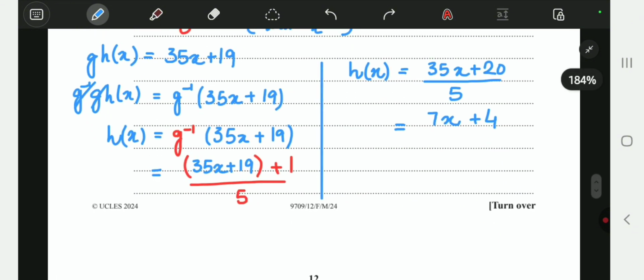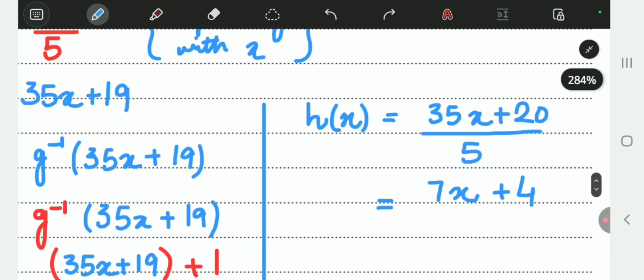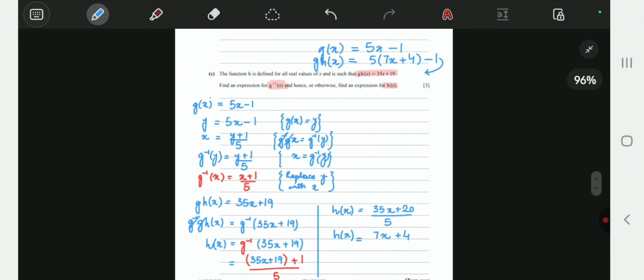Then you can substitute in g inverse expression your 35x plus 19, and in this way you can get your h of x. I hope you get both ways correctly. That's all about question 9.